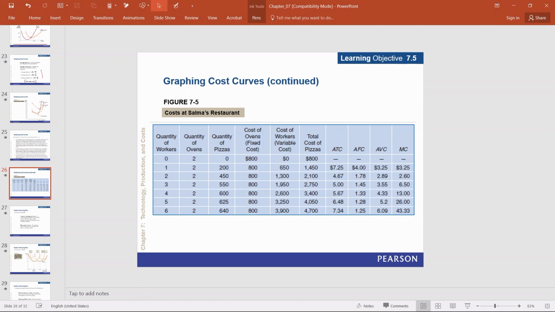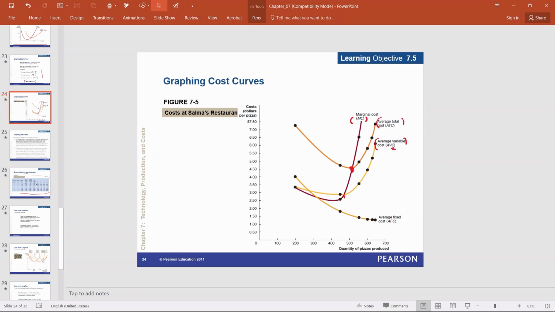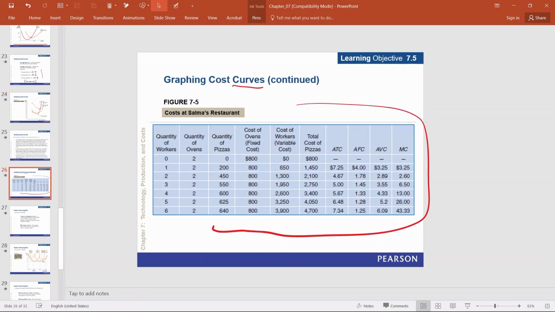Okay, now we'll go to this table, which is important, and it is on the cost side, and it is also related to the curves. So in general, if we take these numbers and plot them in Excel, we will find something similar to curves like this in slide 24.